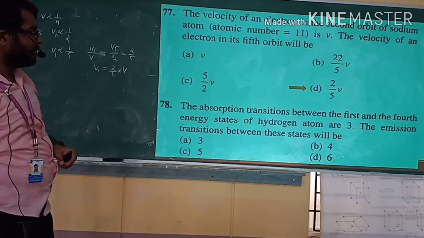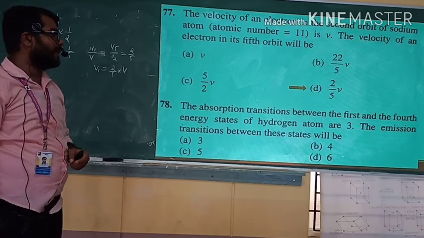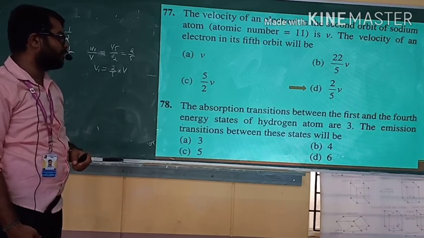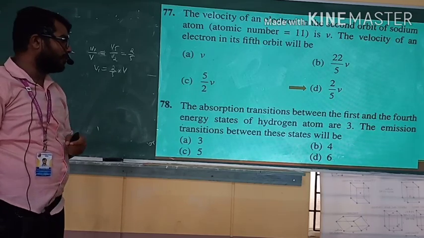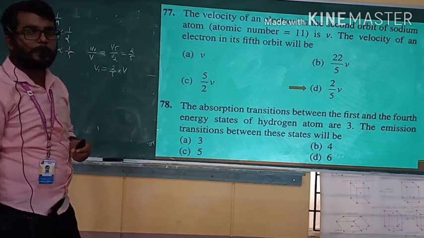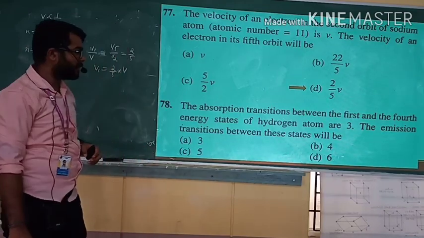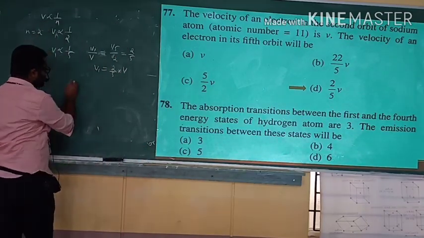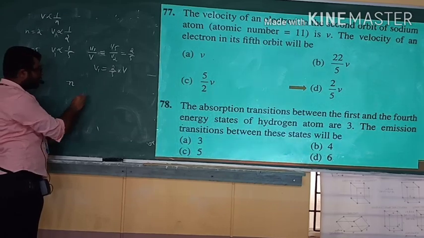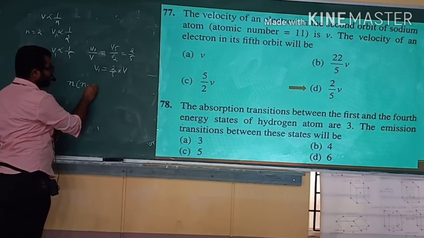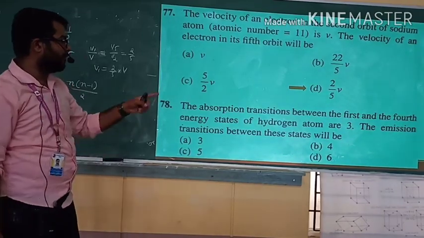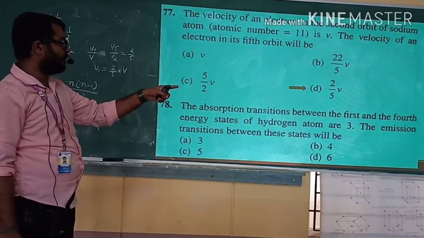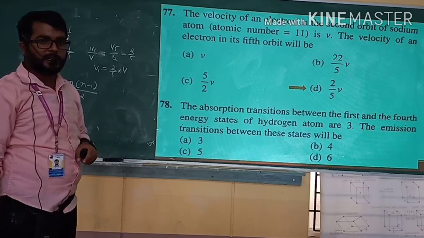The absorption transition between the first and the fourth energy state of the hydrogen atom are 3. The emission transition between these two states will be ಅಂತ ಹೇಳಿದ್ರೆ number of possible transitions ಗಳು ಎಷ್ಟಾಗುತ್ತೆ ಅಂತ ಫೈಂಡ್ ಔಟ್ ಮಾಡ್ತೇವೆ. Number of possible transitions is equal to n into n minus 1 divided by 2 ಆಗುತ್ತೆ. ಸೊ ಅಲ್ಲಿ ಯಾವುದು ಕೇಳಿದ್ದಾರೆ, the first and the fourth energy state ಅಂತ ಹೇಳಿದ್ದಾರೆ.